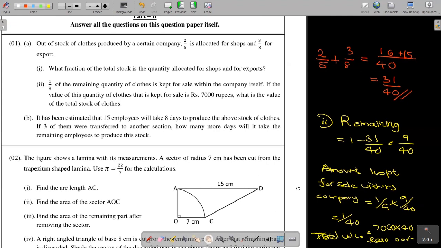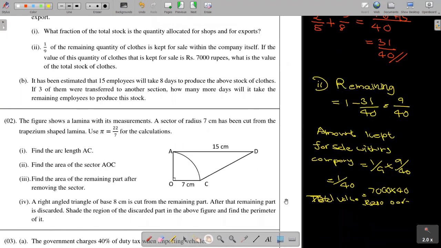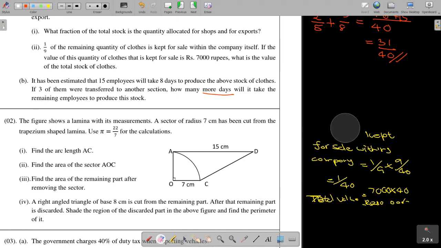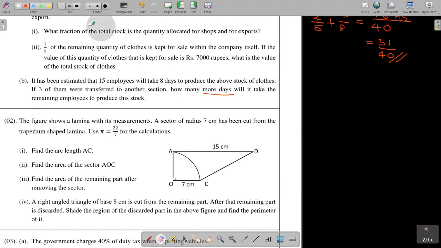Right. It has been estimated that 50 employees will take 8 days to produce the above stock of clothes. If 3 of them are transferred to another section, how many more days? That is important, right? So otherwise we will use some marks. So we can just find the amount of work. 15 into 8, that is 120 man days.